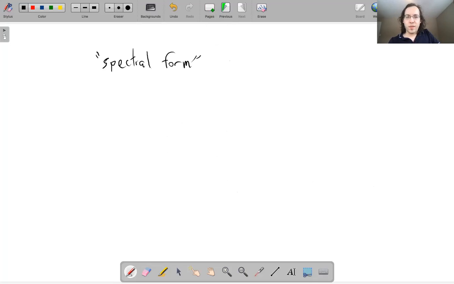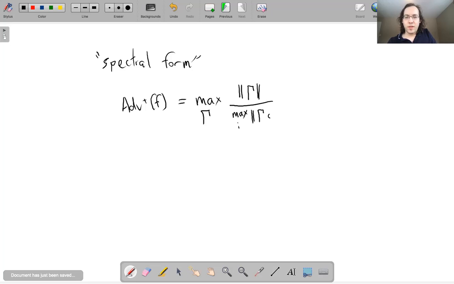The spectral form says that adv plus of f is the max over these matrices gamma of the spectral norm of gamma, the maximum eigenvalue of gamma, or the maximum singular value I guess, divided by the max over I of the norm of gamma Hadamard product di.